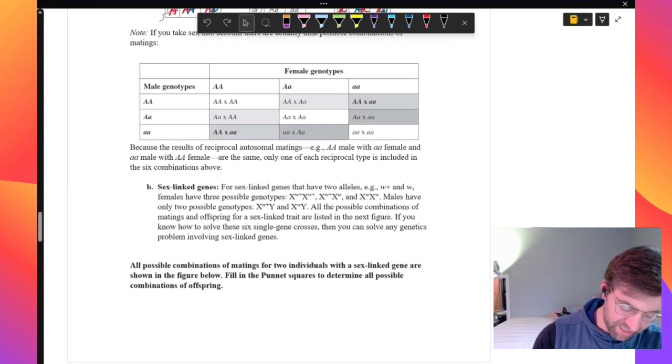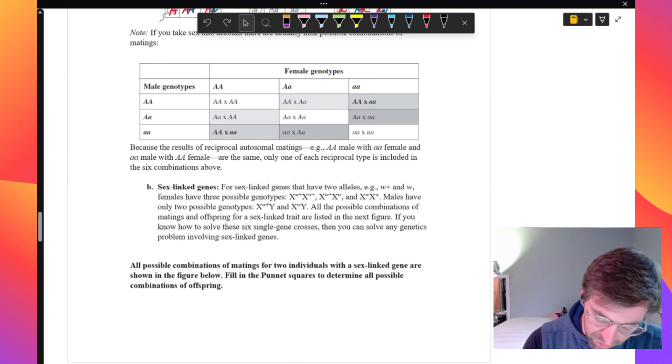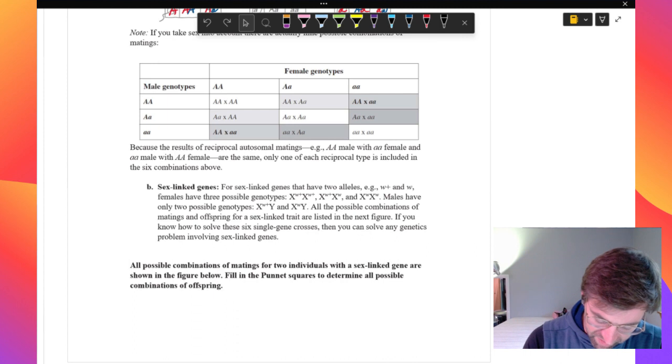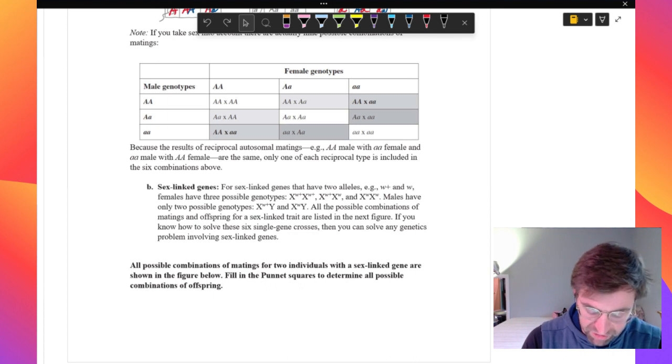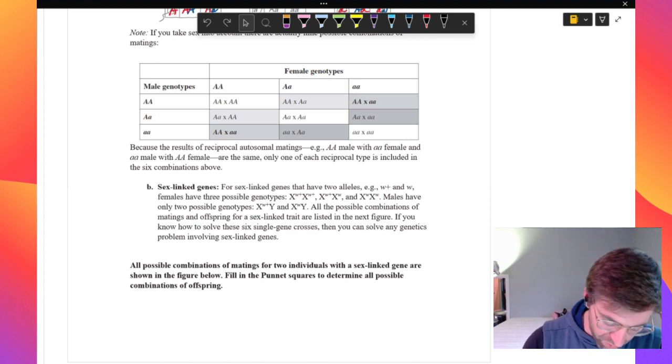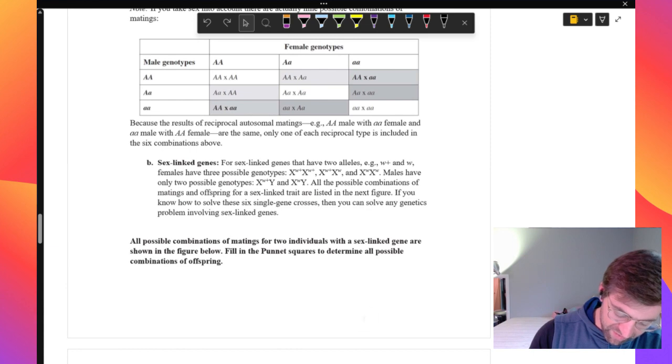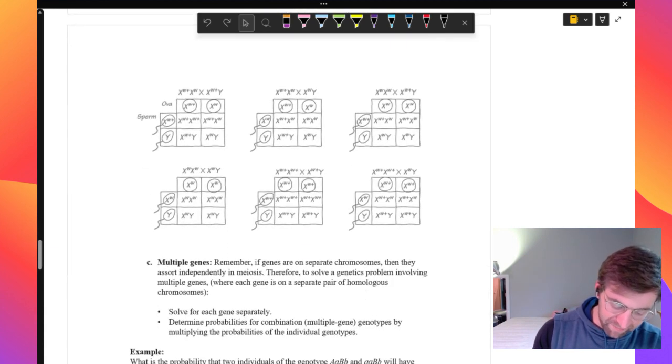Right? Sex-linked genes that have 2 alleles, females have 3 possible phenotypes, and males have only 2 possible phenotypes. All the possible combinations of matings and offspring for a sex-linked trait are listed in the next figure. If you know how to solve these, you can solve any genetics problem involving sex-linked traits.